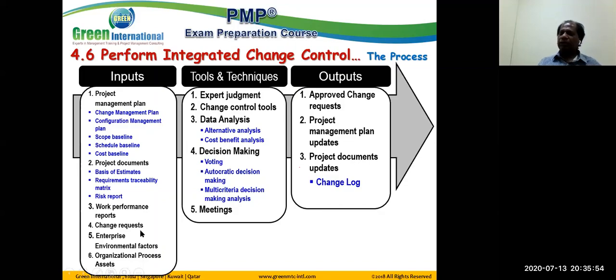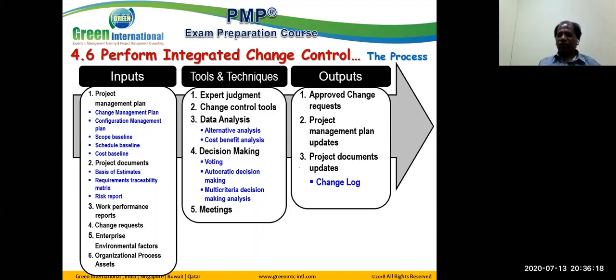See the 4th input? Change request. That's the key. So in this process, what is our input? Change request. Where is this coming from?